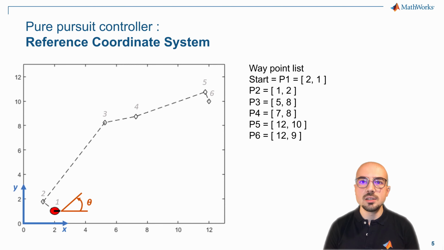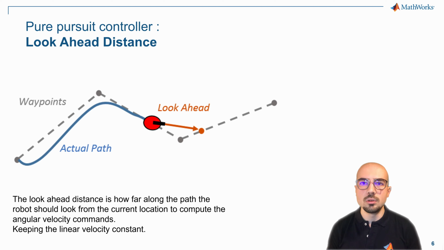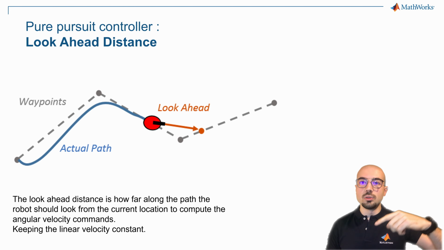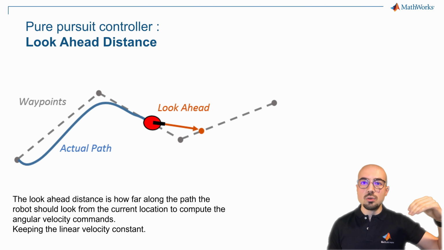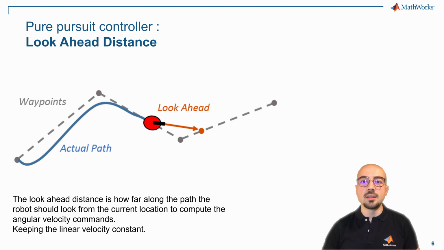And then, by using the look ahead distance, that is the main characteristic of this controller, it can calculate how the robot has to move. In particular, the look ahead distance computes the trajectory, and the controller calculates the angle, so the omega and the v, in order to move the robot to a defined position, that is the intersection between this circumference around the robot and the path that has been calculated before, the lines that connect the different points.